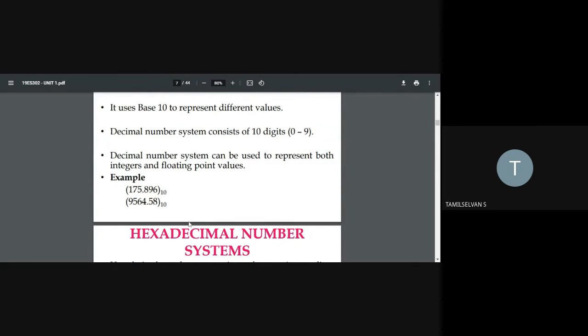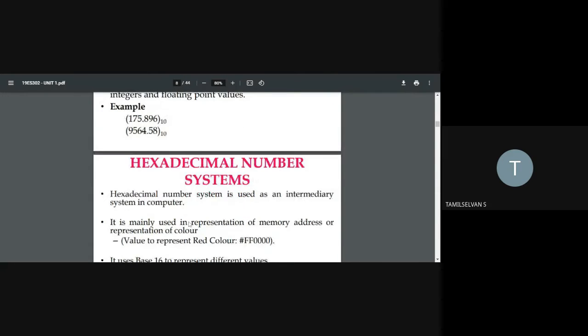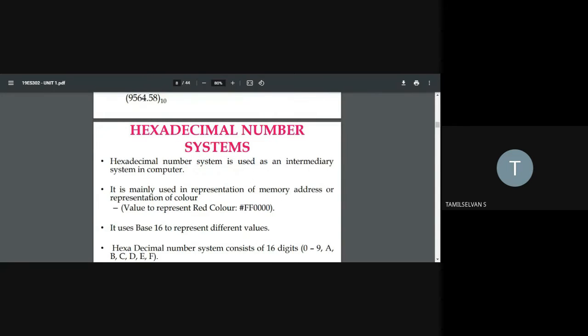Okay, next I can move to the hexadecimal number system. The hexadecimal number system contains 0 to 15 values, that is the total number of digits is 16. So the base value 16 is denoted by the hexadecimal number system.